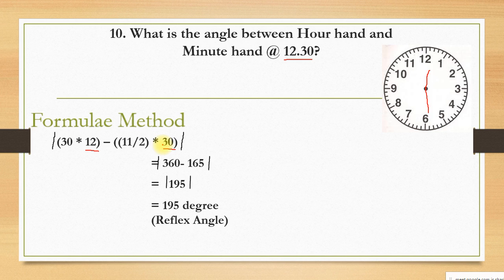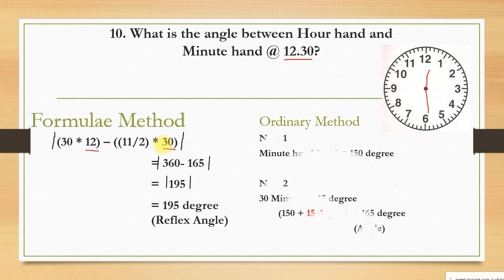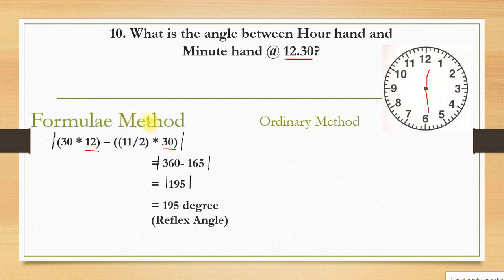Okay, now let us try the same problem with our first method, the ordinary method. We need to find the total divisions. We have 5 divisions, 1 2 3 4 5. If it is 5 divisions, it is 150 degrees, and I need to find this particular value.